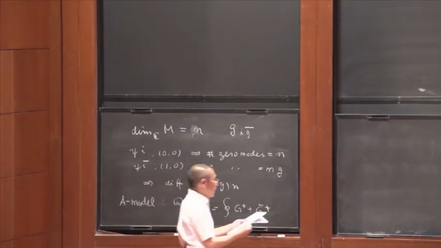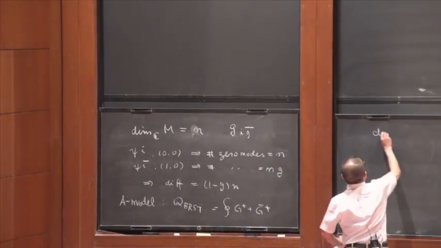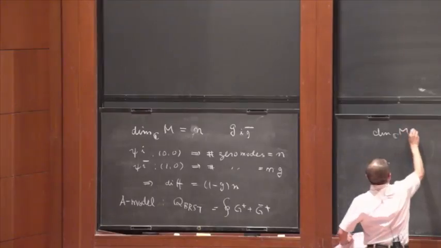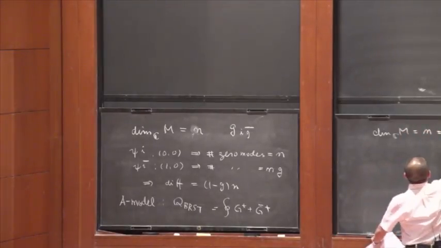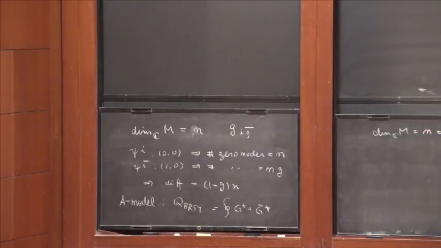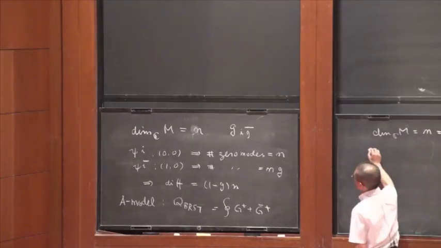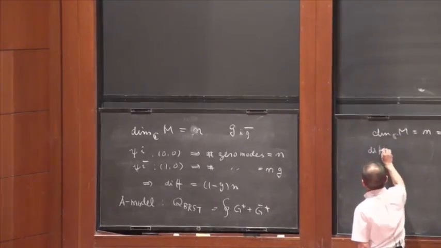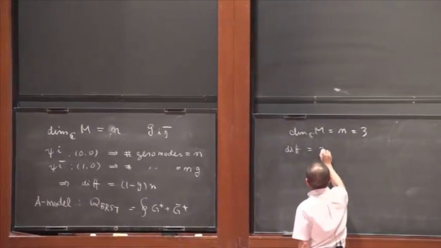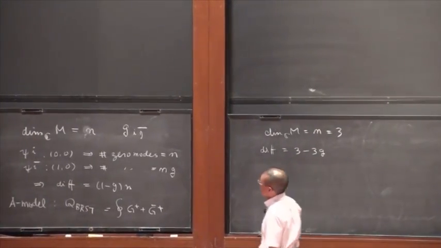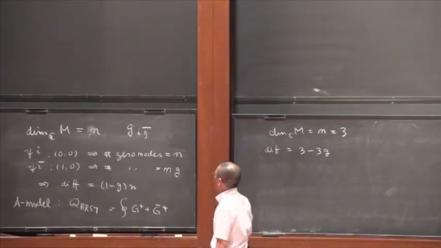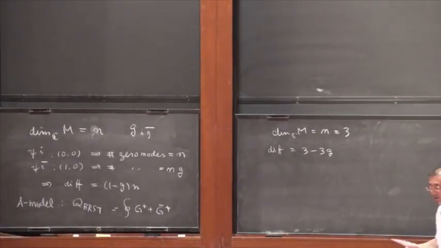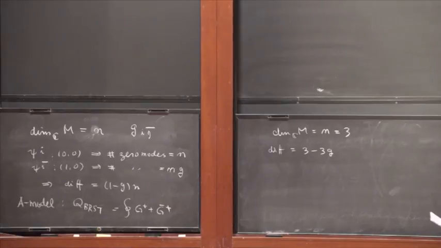Excuse me. So I said that when the dimension of Calabi-Yau is 3, something special happens. And one thing that is special is that in this case, this number of zero mode difference is going to be 3 minus 3G. So you have total net amount of zero mode number difference of this amount.